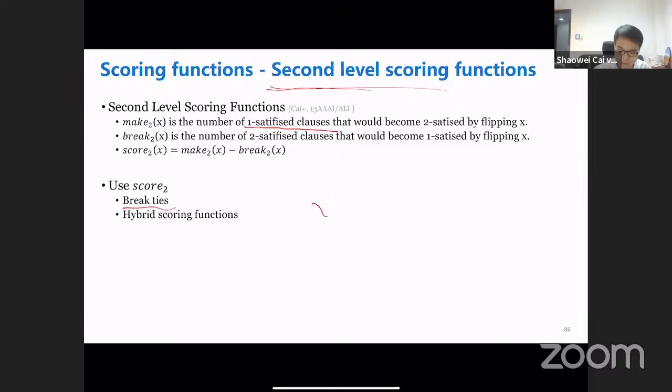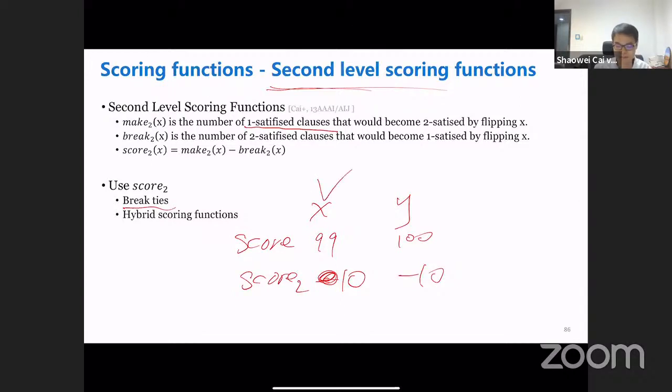For example, we have x and y, and their scores are very close. Suppose this is 99, this is 100, but their second level scores, suppose x is 10, but y is -10. Then in this way, maybe the second level score can override the priority, so that we will pick x.